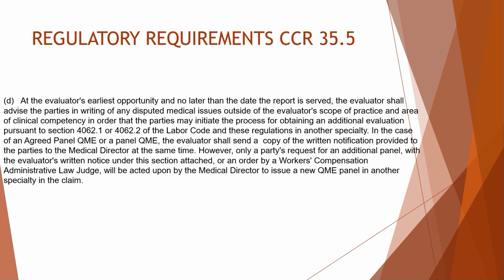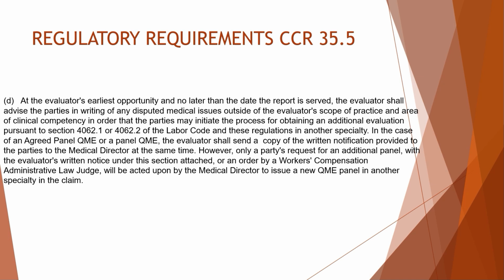As an example, I'm a chiropractor. So if I'm doing an evaluation and I discover that my examinee has problems with depression, that would require an opinion and an evaluation from a psychology or psychiatry provider. Or let's say I discover, or my examinee reports, symptoms related to the genitourinary system.